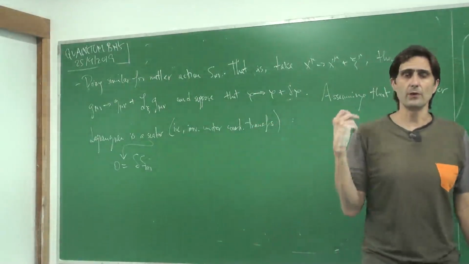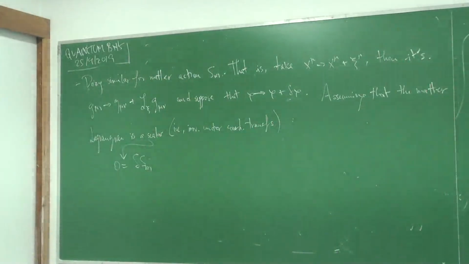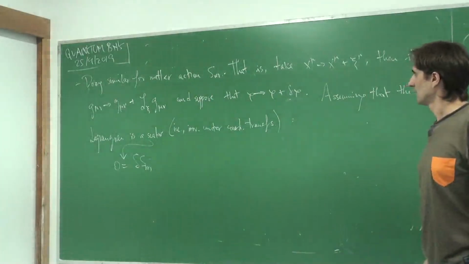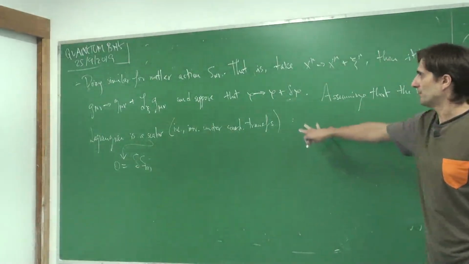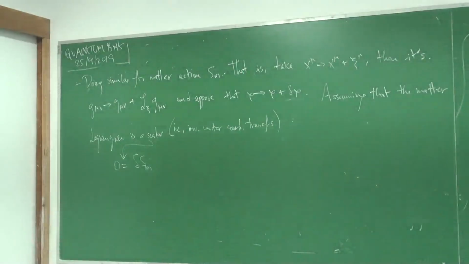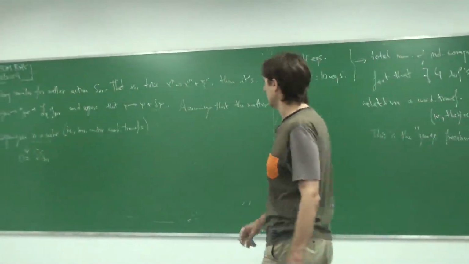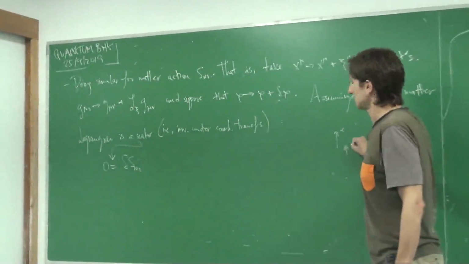So what quantity have we looked at today that does vary under coordinate transformations? Sorry, let me rephrase this. What quantity does not transform like a tensor under coordinate transformations? That was the right question. The connection.